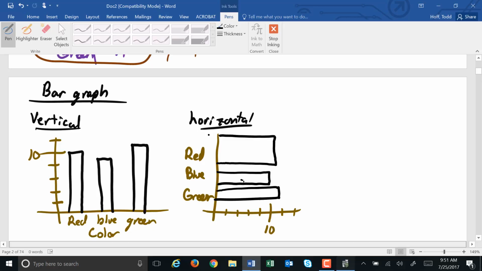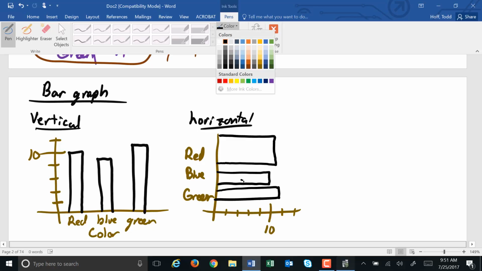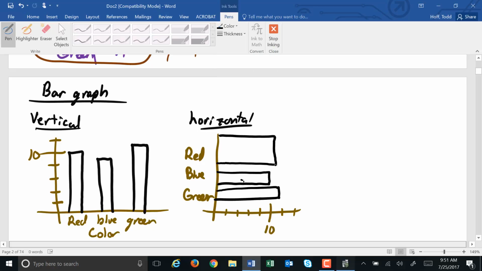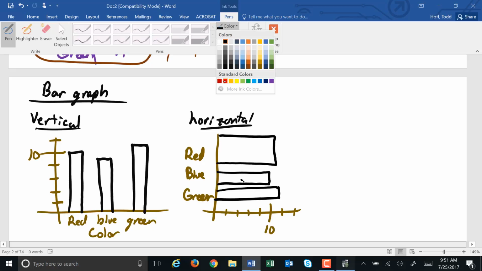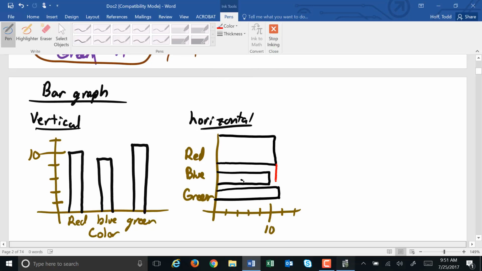If I look at that graph and I ask you which color is more popular, which one would, at first glance, without looking at the numbers, what would you say? Red, because boy, that bar is big. But if we trace it down here, that only comes to the 10, doesn't it? The green bar is longer. So that's one thing that can be used to make a graph deceiving, is varying the width of the bars.